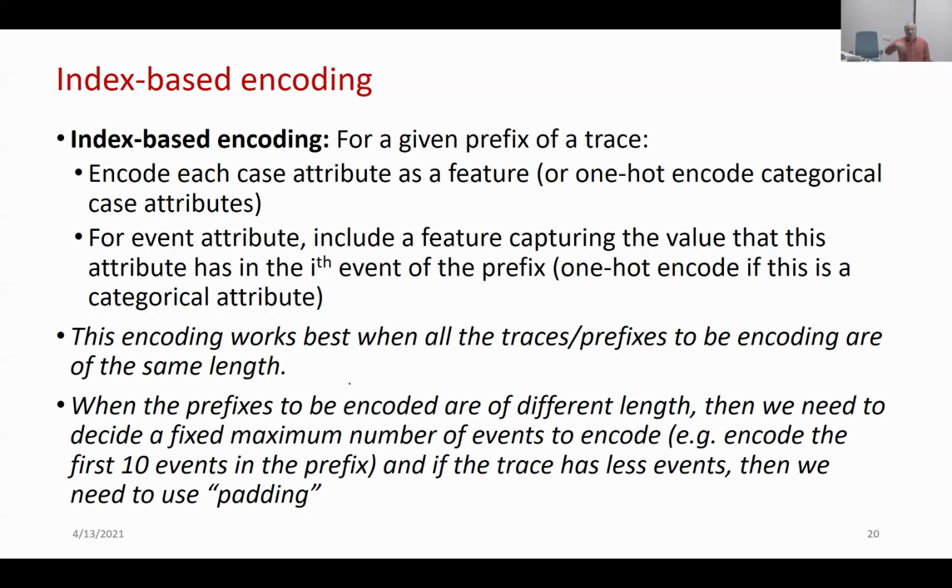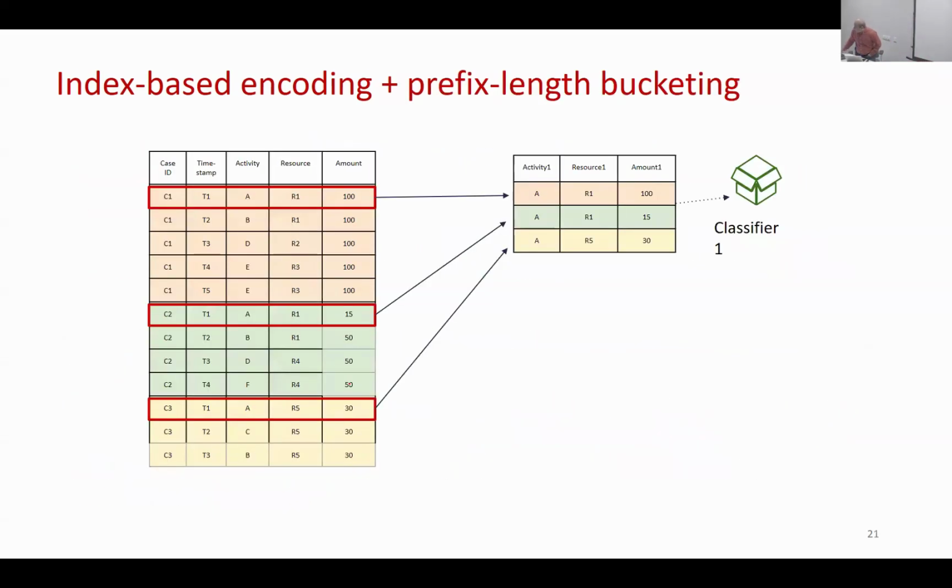But with index-based encoding, if you encode more and more prefixes of very large size, you will quickly blow up, ending up with feature vectors of hundreds of columns, and that will not be very good for your machine learning technique. Let me show you how it looks.